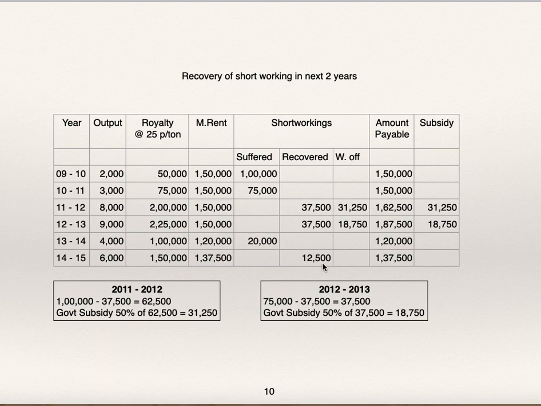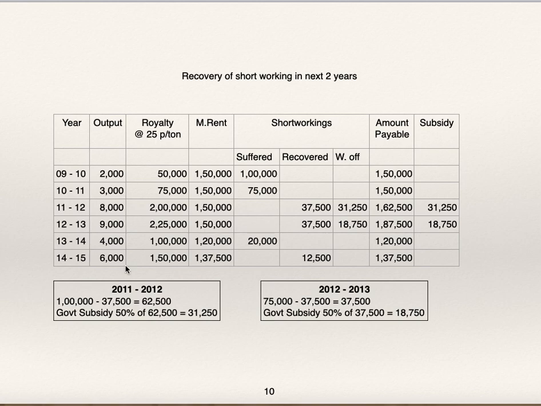So the difference is 12,500, and he can recover this amount. Maximum to be recovered is 37,500. Amount payable to landlord is 1,37,500. Now the difference in these two will be carried forward in short working account.